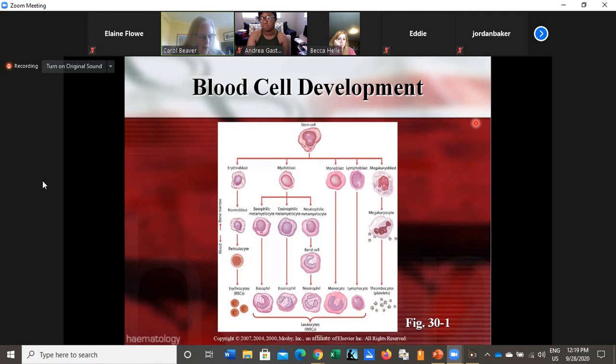So the worn out red blood cells are hemolyzed in the spleen. You remember when we say lysis, it's usually from either an enzyme or a mechanical burst of the blood cell. And it could be in the spleen or the liver or the bone marrow and the lymph nodes.